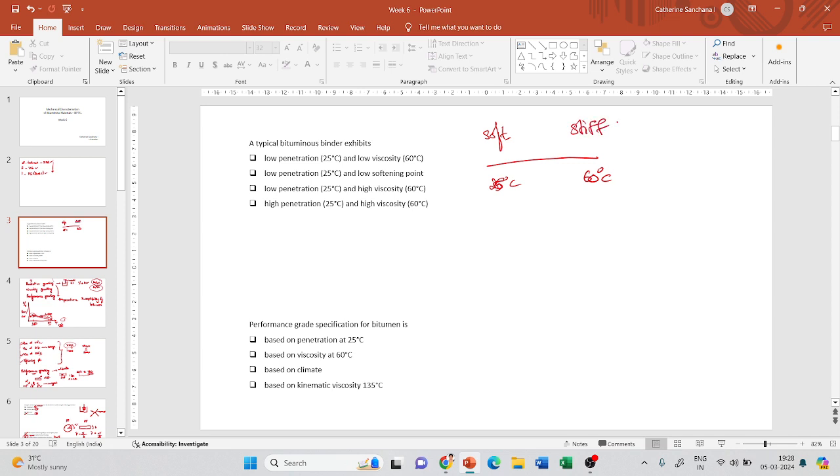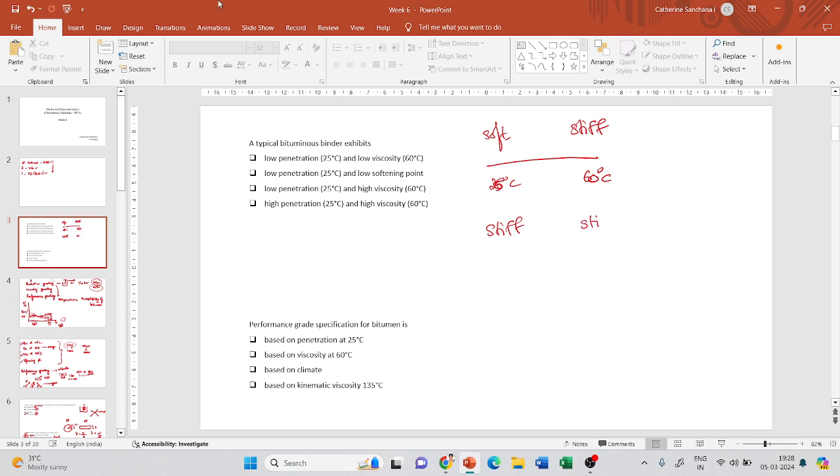But what will actually happen is, if a bitumen is stiff at low temperatures, then at high temperatures it will be even more stiff.